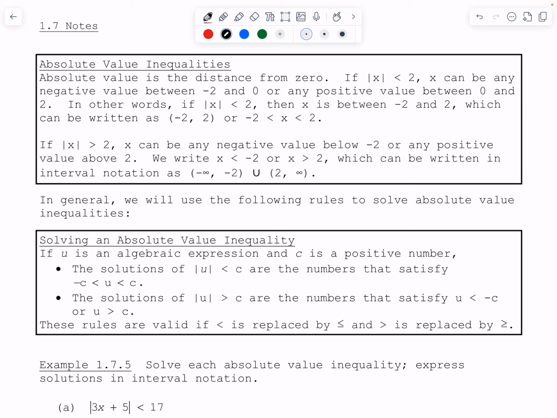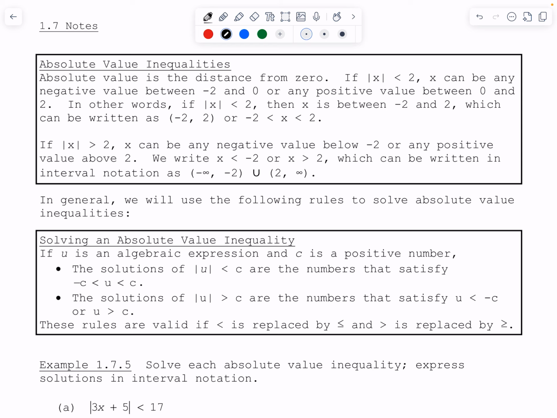If the absolute value of x is greater than 2, x can be any negative value below -2 or any positive value above 2. So we write this as x is less than -2 or x is greater than 2, which can be written in interval notation as -infinity to -2 union 2 to positive infinity.